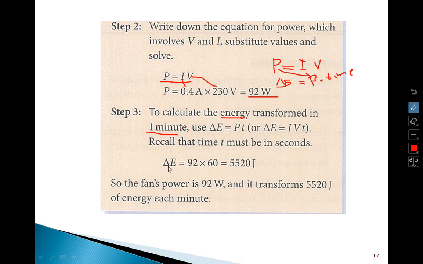So delta E is equal to I times V, which is the power, 92 watts, times 1 minute, which is 60 seconds. So the energy needed here is 5520 joules. So the fan's power is 92 watts, and it transforms 5520 J of energy each minute.